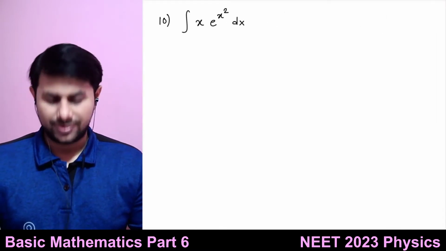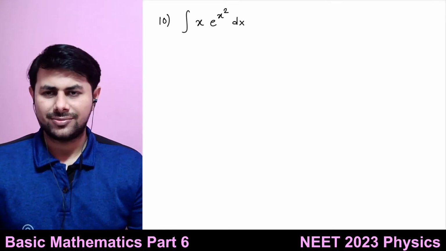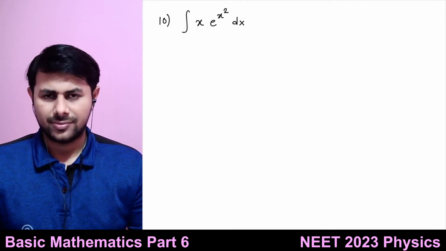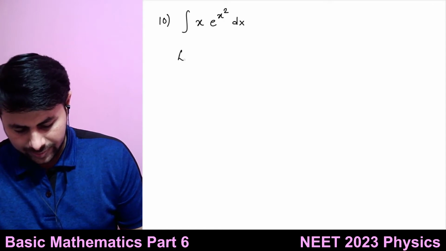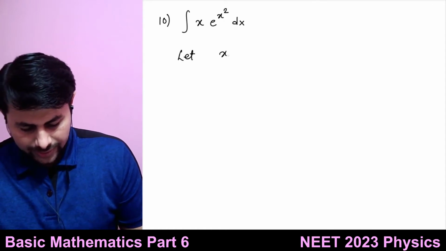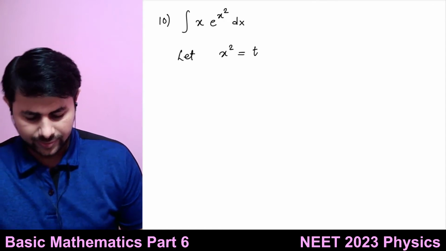Now this one. Tell me. Substitute t for x square. Very simple. So let x square equal t.